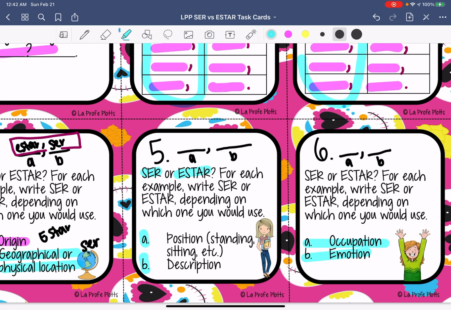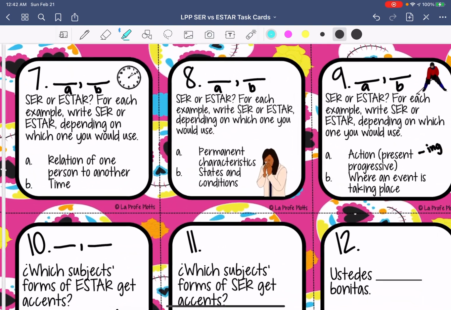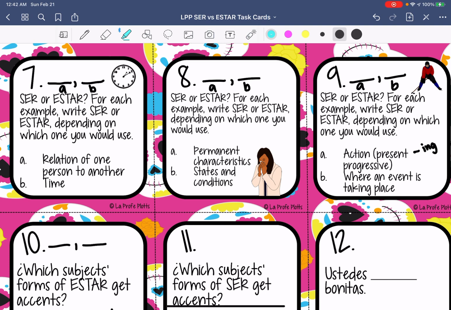All right. Number 7. Número 7. Same thing. Ser or estar. Would you use ser or estar for relation of one person to another? Would you use ser or estar when you talk about time?